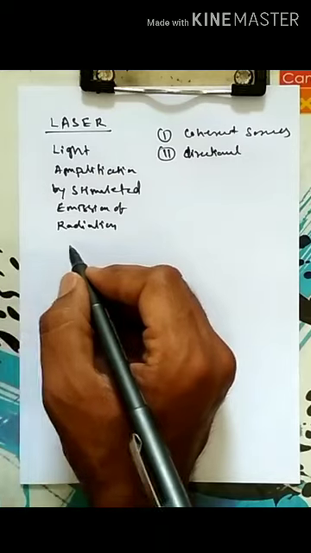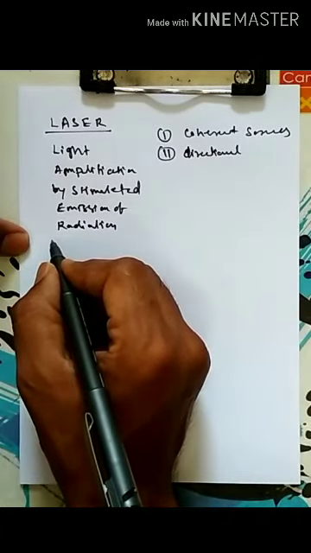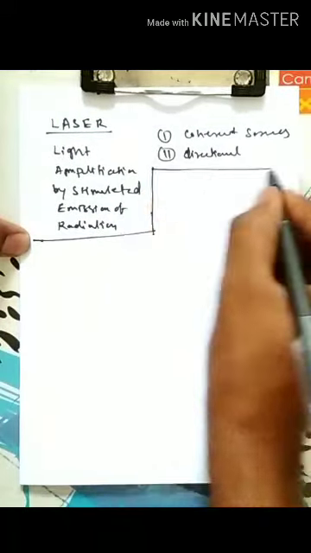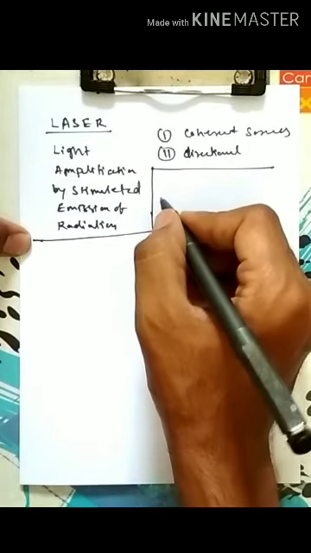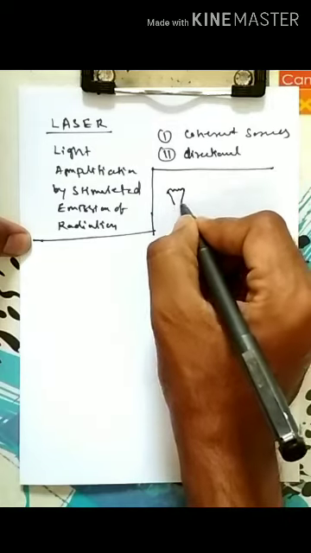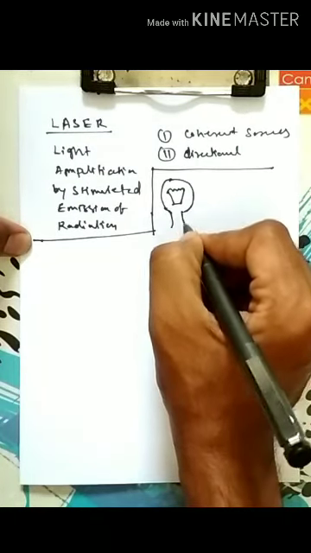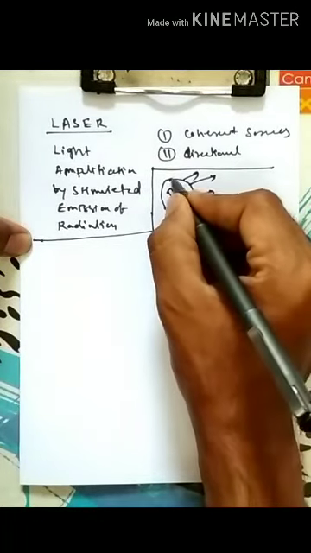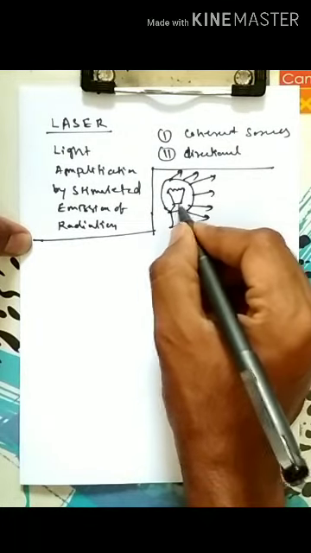Friends, in general, light is generated from some source. If I am talking about an incandescent lamp, the lamp used in your home, or a torch lamp, it has a filament like this, covered with a glass tube, and light is emitted from the source.